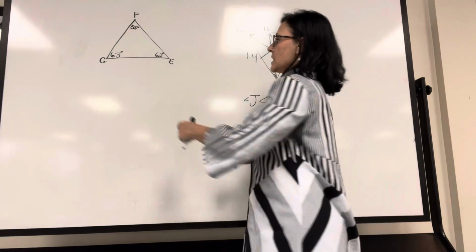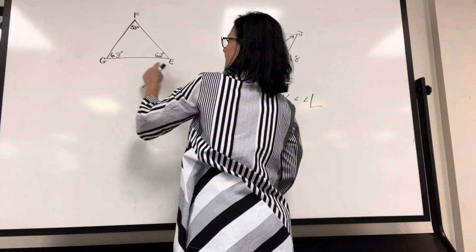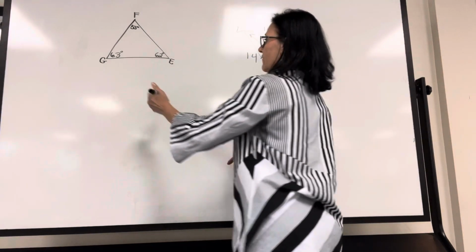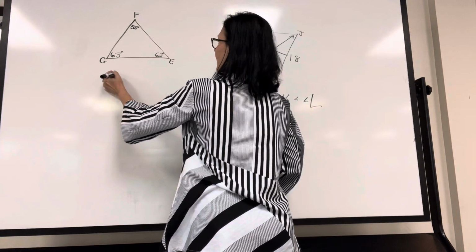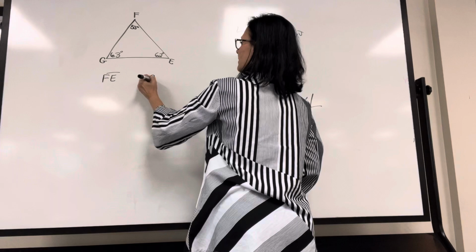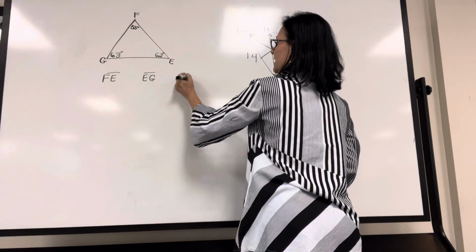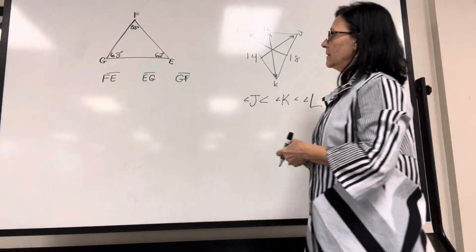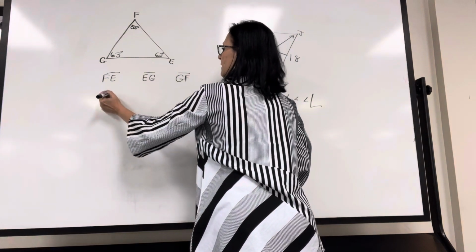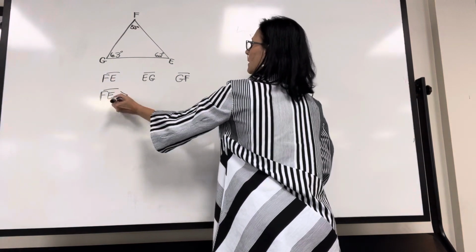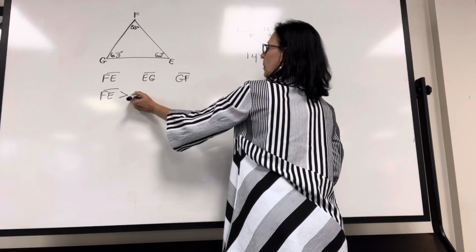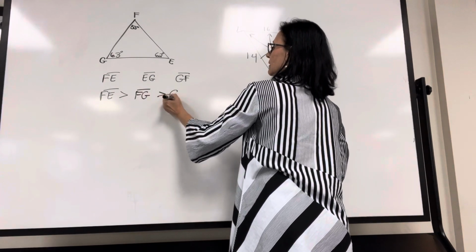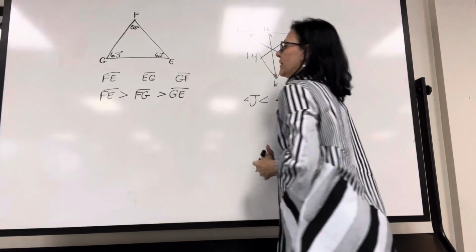We have three sides. We have FE, we have EG, we have GF. Okay, so then side FE is greater than side FG, yes, is greater than side GE or EG. Either way, it doesn't matter. That is correct.